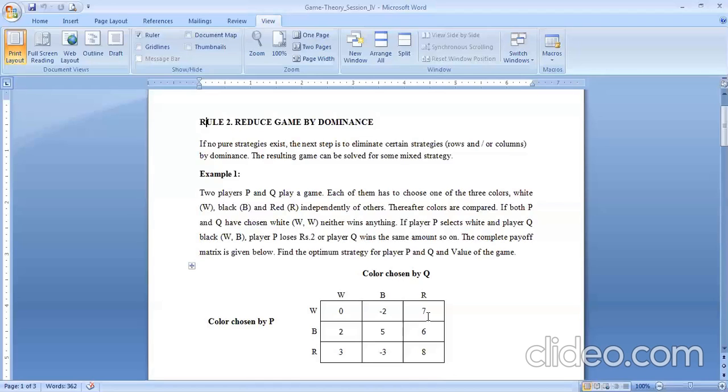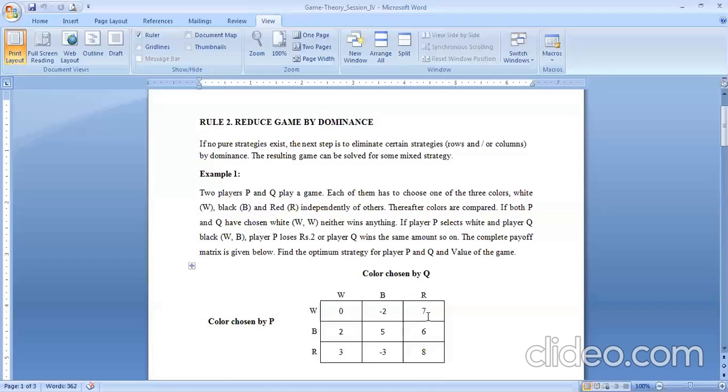He wants to retain the columns which will make him minimize his loss. That is, if any one of the columns has payouts which are greater than the corresponding columns, then that column has to be eliminated.